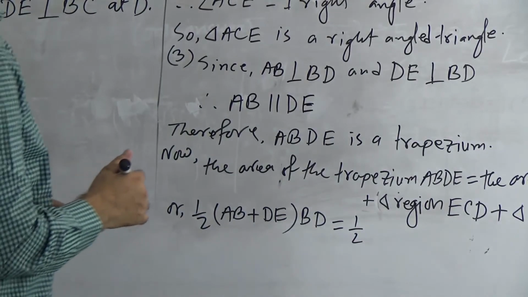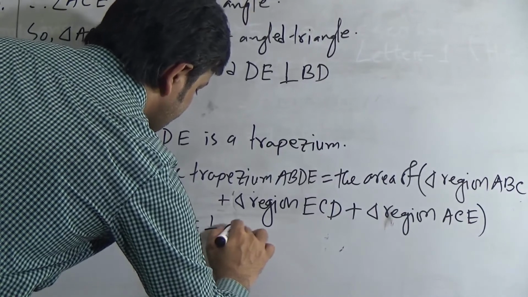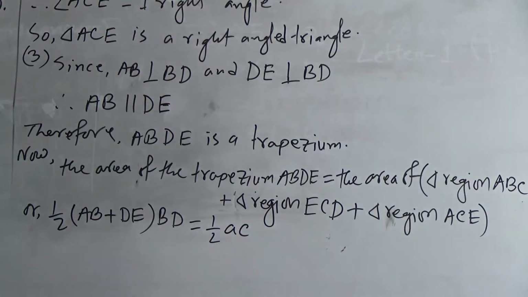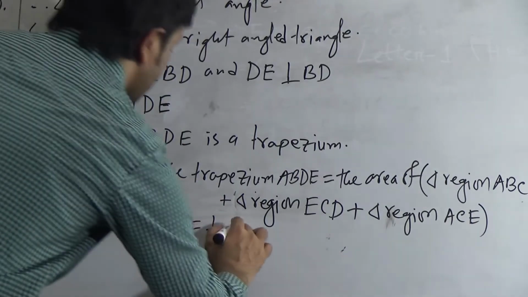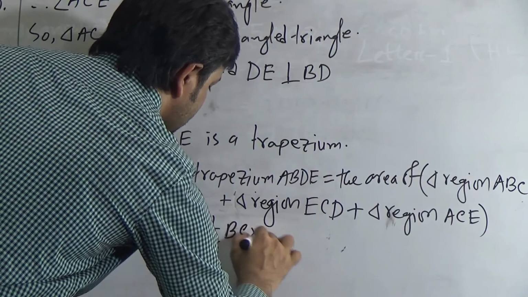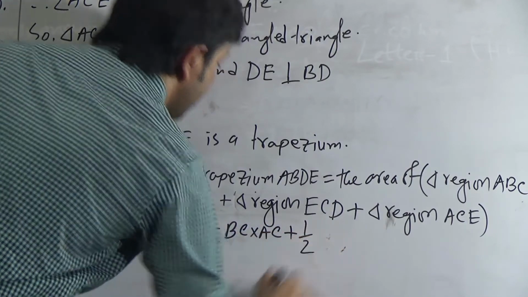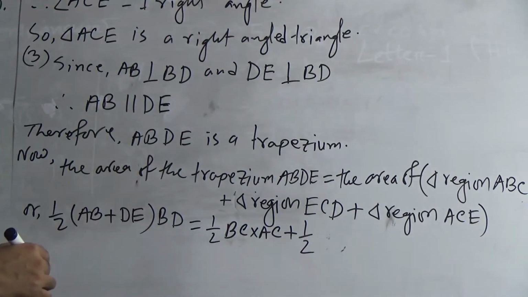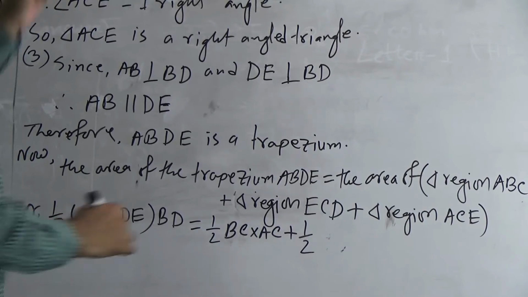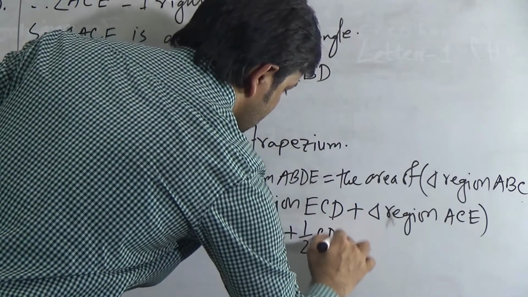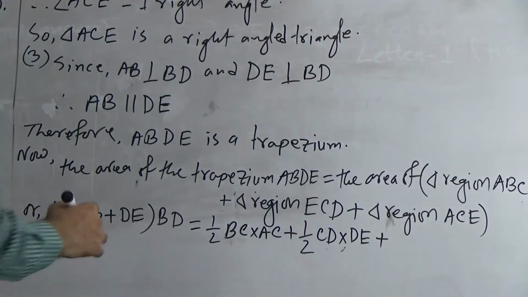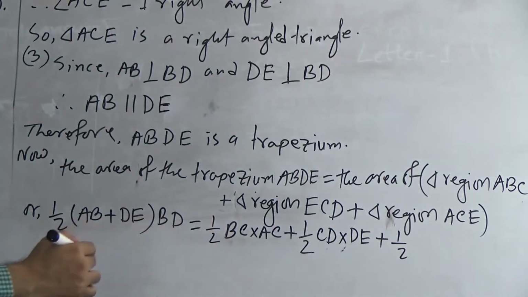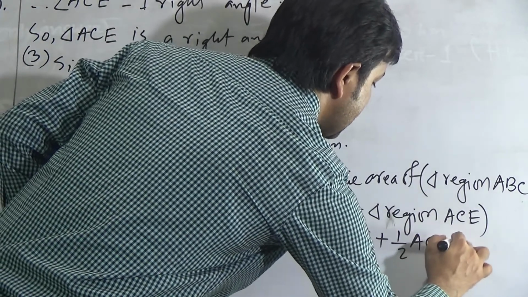The area of a triangle is half into base into height, so half into A into C, or we can write BC into AB. Plus triangle ECD, half into CD into DE, plus triangular region ACE, half into AC into CE.